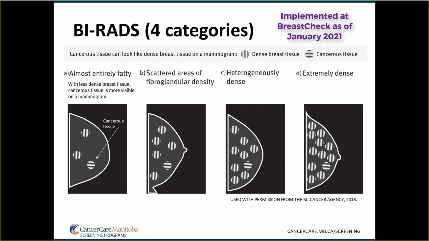Another system of classification of density has been put forward by the BI-RADS. Now, BI-RADS stands for the Breast Imaging Reporting and Data System and was established by the American College of Radiology. It's been a very useful system in both diagnostics and screening. It provides standardized breast imaging terminology, report organization, assessment structure, and classification system.